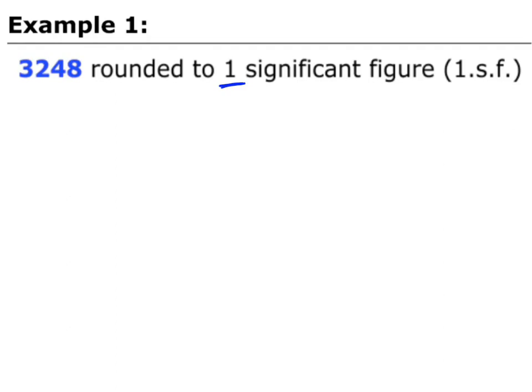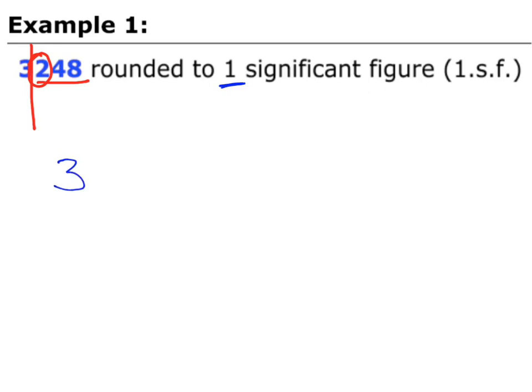The rest of it won't be. So I look at the second digit, which is a 2, so that means I'm going to be rounding down. So that 3 is going to stay as a 3.